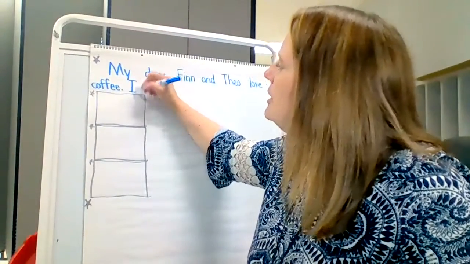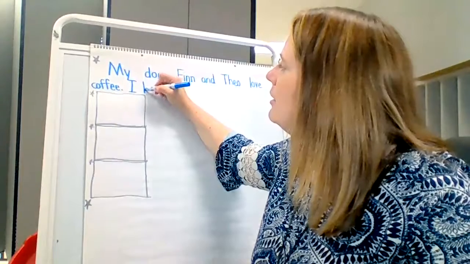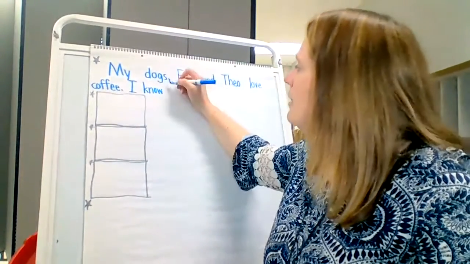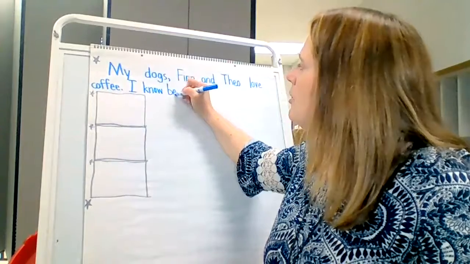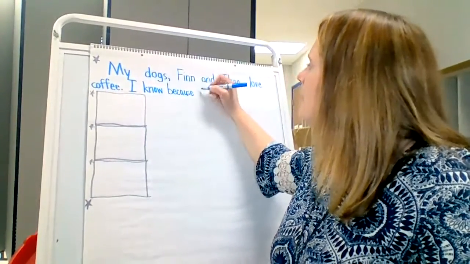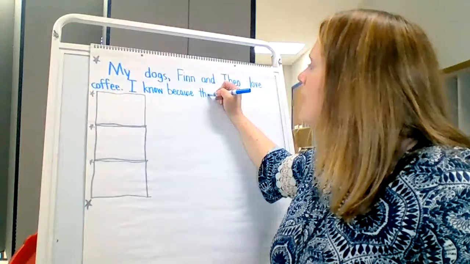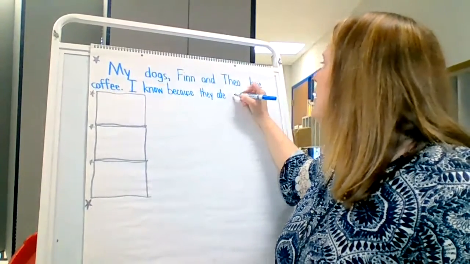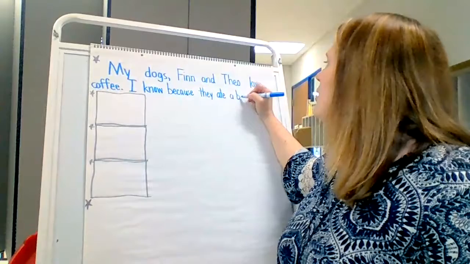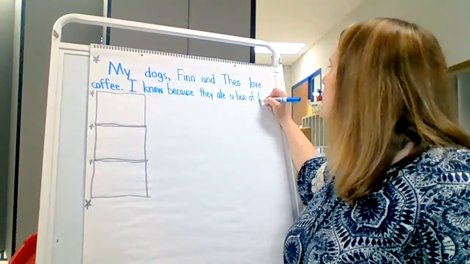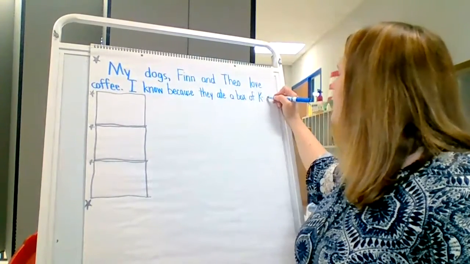Oh, I might have trouble fitting this in. I know, I'll shorten it up a little bit. I'm trying to write smaller. I know because they ate a box of, I'll put K-cups, that might fit in there better.